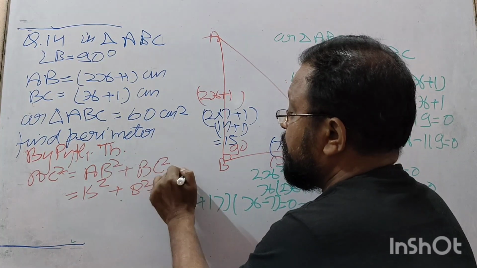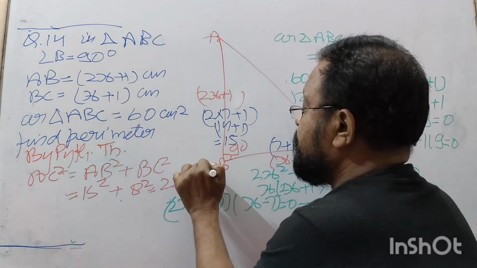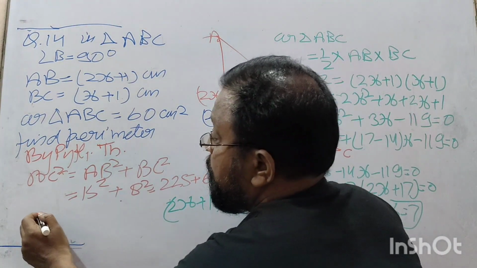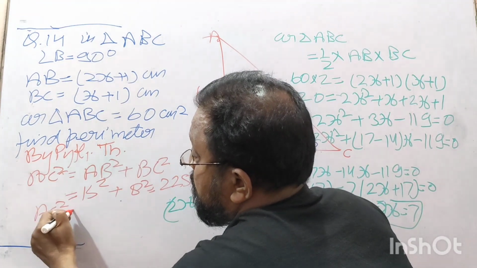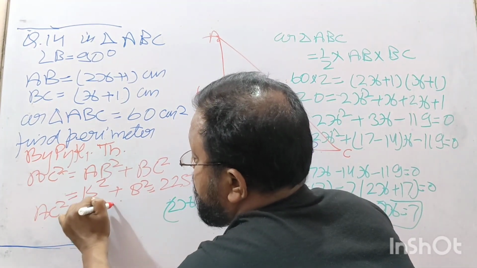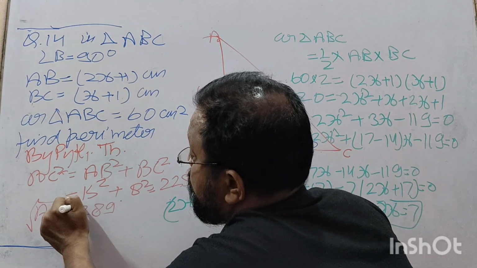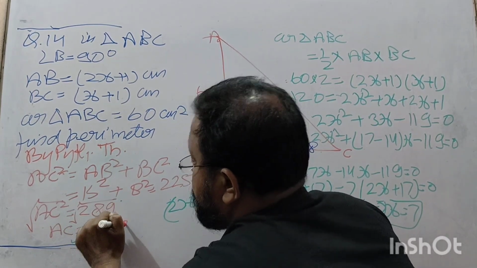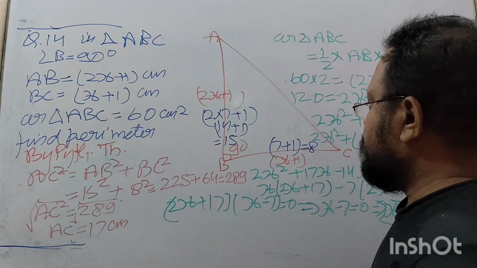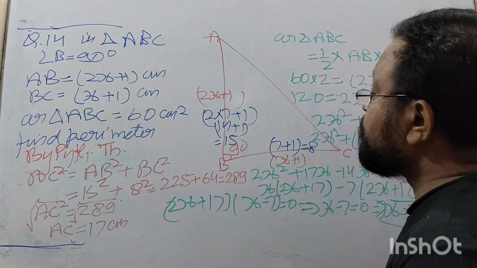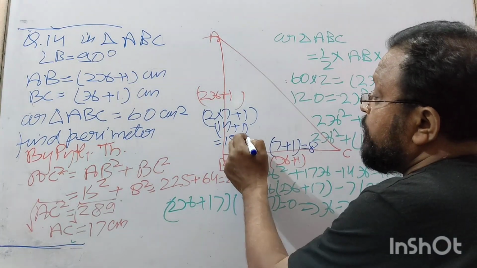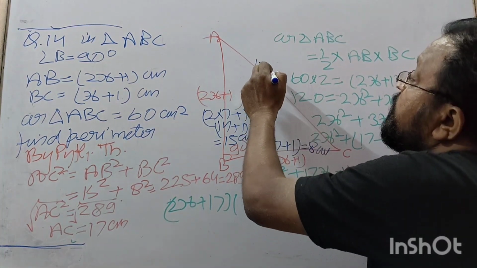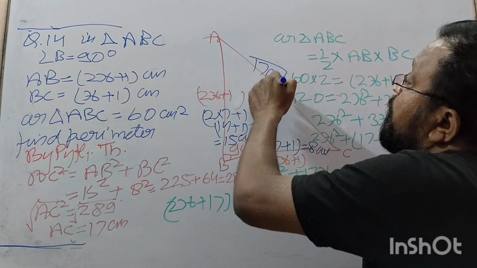So 225 plus 64 means 289. So AC square is equal to 289, taking root over both sides, AC is equal to 17 centimeter. So this is 15 centimeter, this is 8 centimeter, and AC is 17 centimeter.